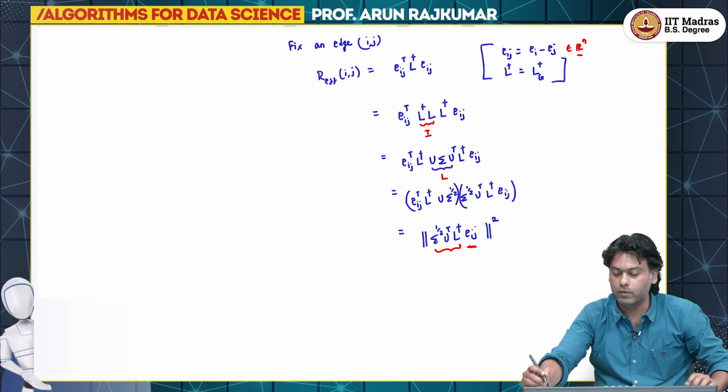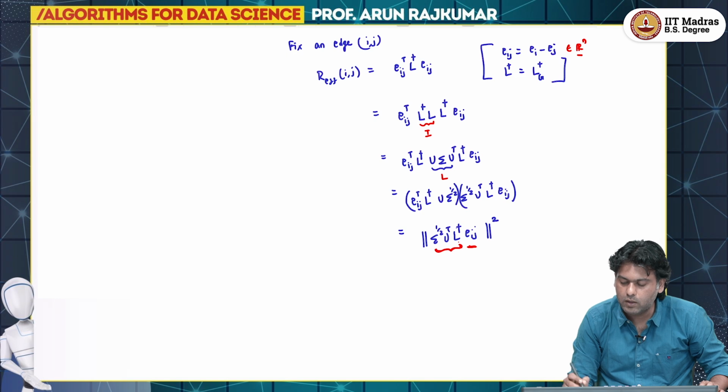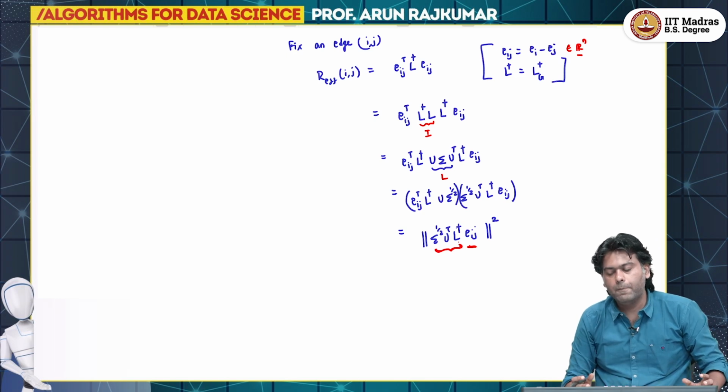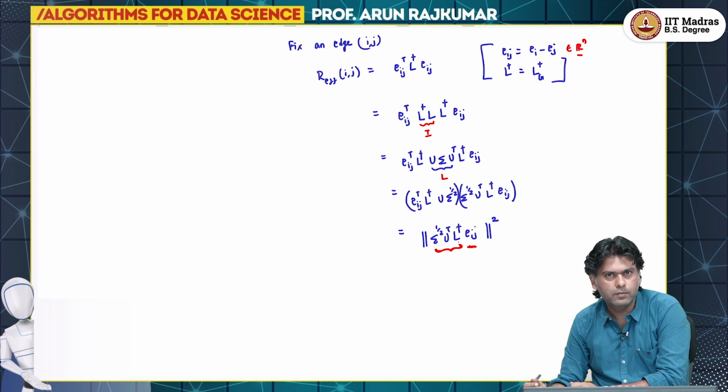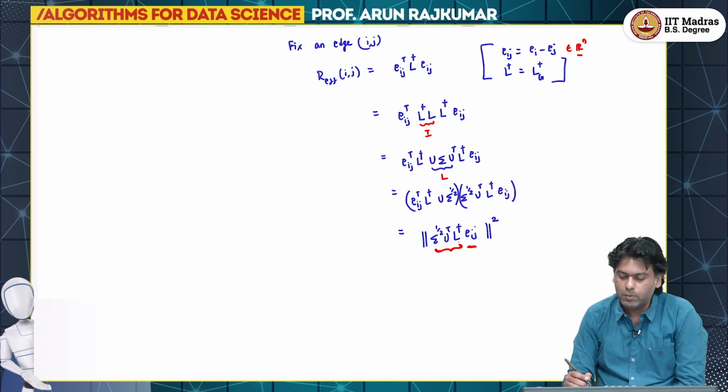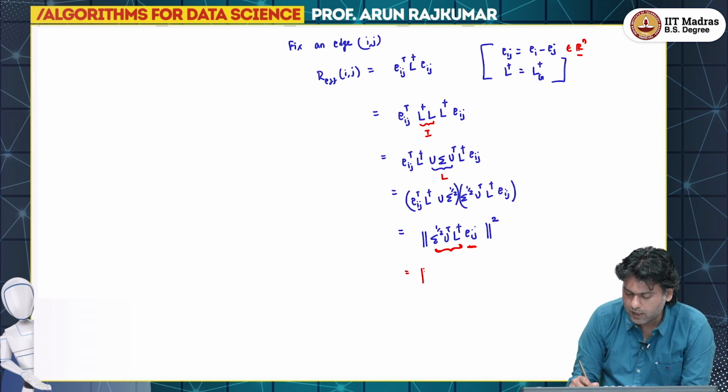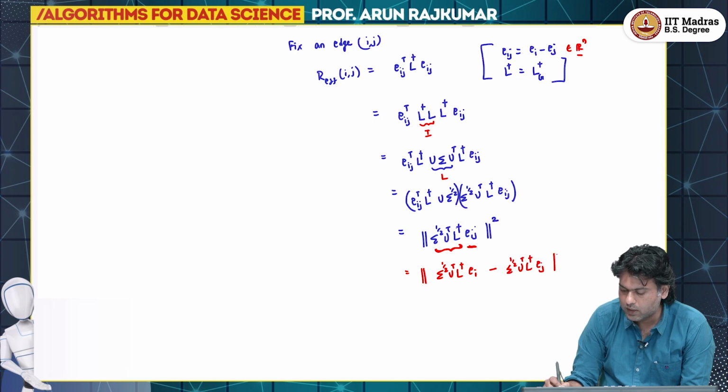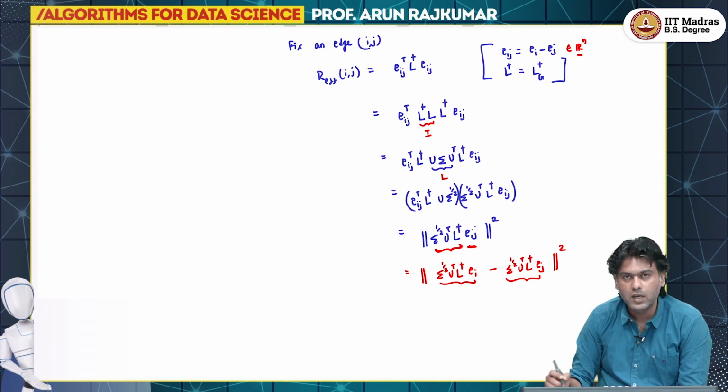So, n dimensional vector, and now I am transforming it using some matrix, and now I am measuring the distance, right. So, it can be thought of as follows: this is like sigma half U transpose L pseudo inverse Ei minus sigma half U transpose L pseudo inverse Ej, squared, right. So, this is one vector, this is one vector, because Eij is just Ei minus Ej.